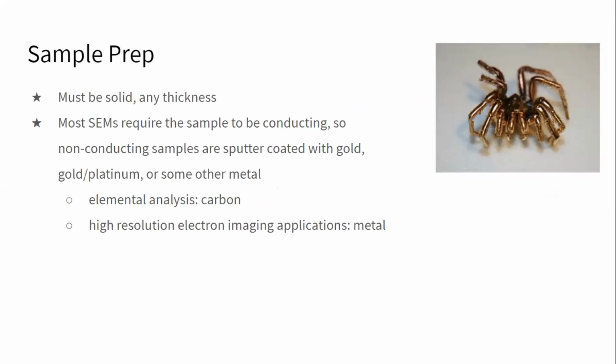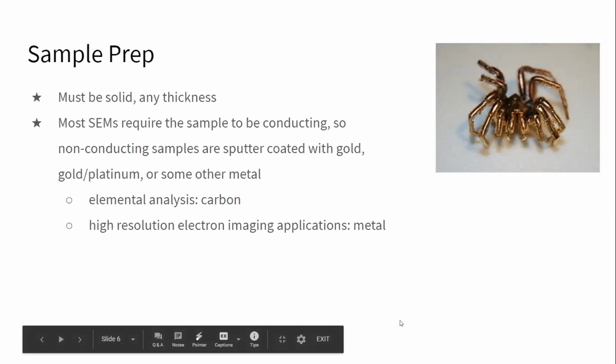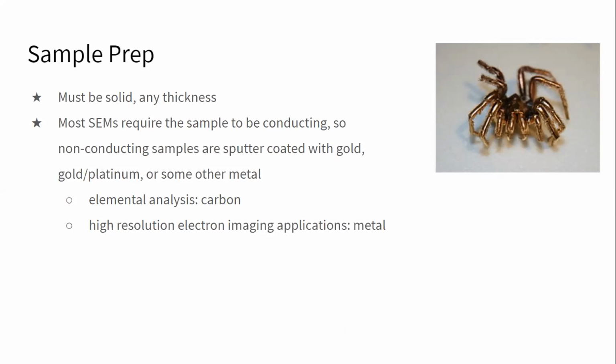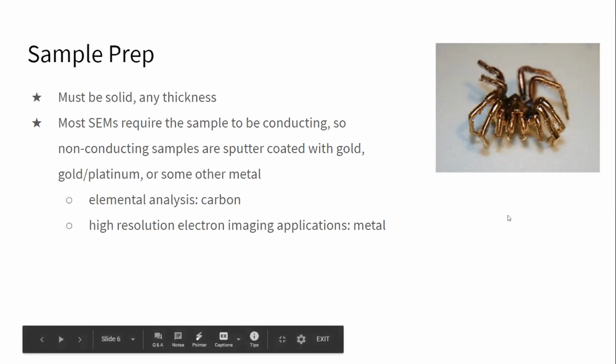So if you're wanting to analyze the elements, you'll use a carbon coat. But if you want a really good image of the sample, you'll use a metal coating. And shown here is a spider that they sputter coated with gold, which I thought was pretty cool.